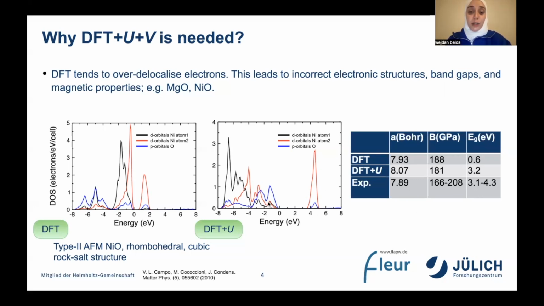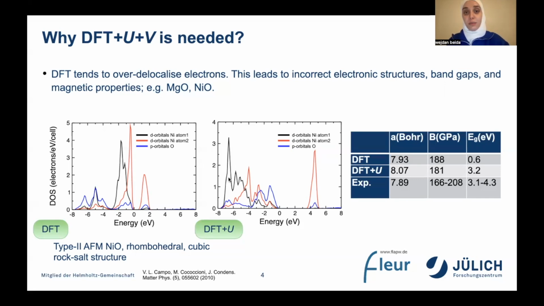Also, the dominant character at the top of the valence band is p, as experiment says. Also, the dominant character at the lowest part of the valence band is d of nickel and not p of oxygen, as DFT says.